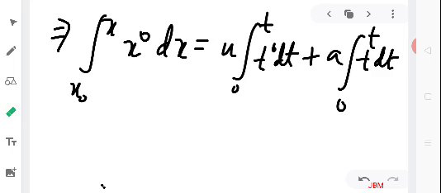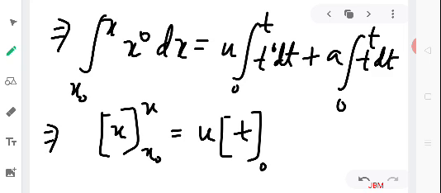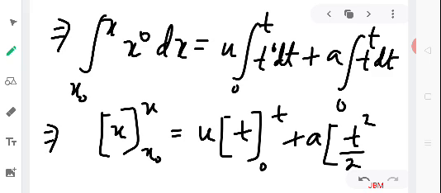We can write it down. Now we will be writing down the result. This will become x, put the limits x0 to x. This will become t, put the limits 0 to t, plus a, and this will become t square by 2, put the limits 0 and t.